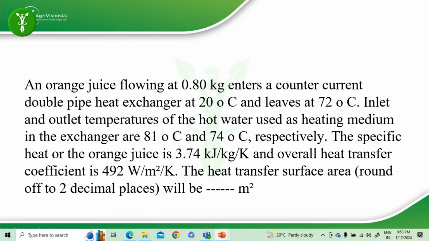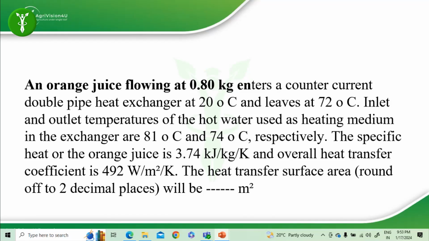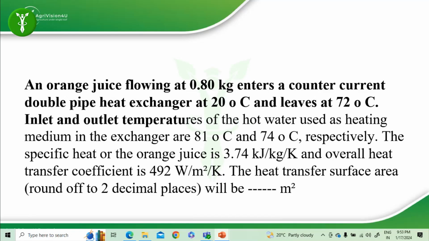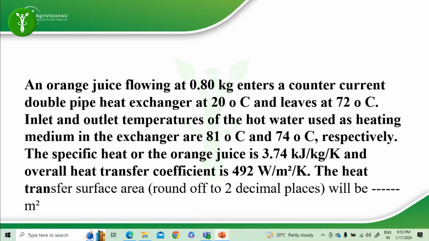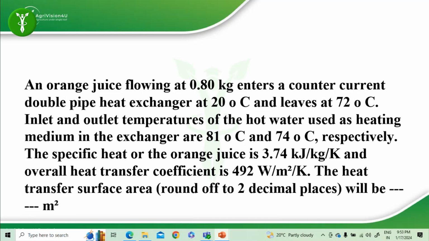The problem statement is: an orange juice flowing at 0.80 kg per second enters a countercurrent double pipe heat exchanger at 20 degrees Celsius and leaves at 72 degrees Celsius. Inlet and outlet temperatures of the hot water used as heating medium in the exchanger are 81 degrees Celsius and 74 degrees Celsius respectively.